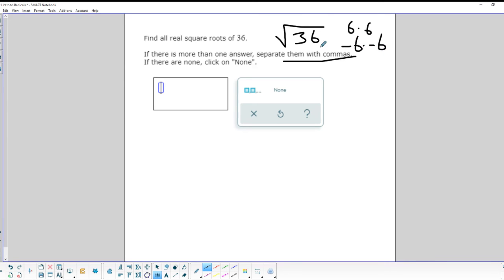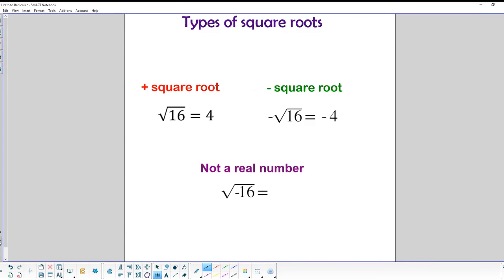So there's 2 real square roots of this, and so when you insert it in the box there, you will just do 6, comma, -6. And that will be your answer for a problem like that on Alex. All right, so let's try a couple more.